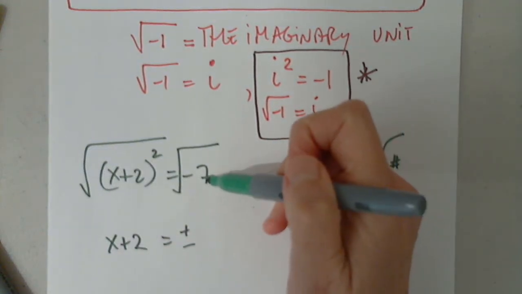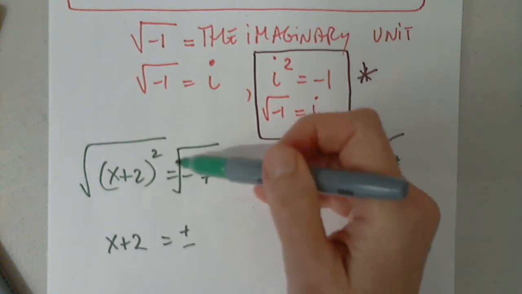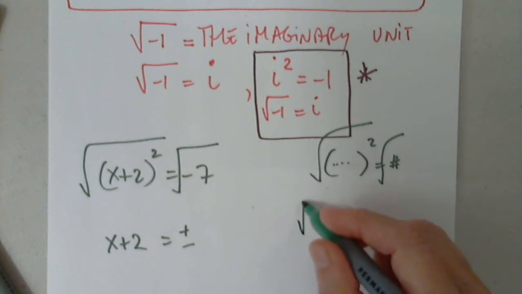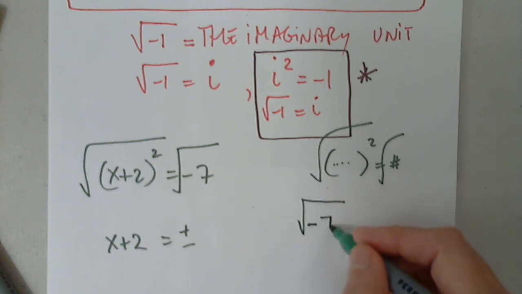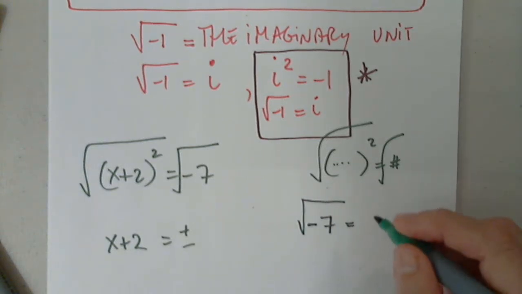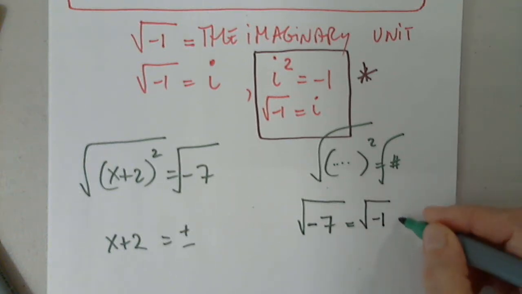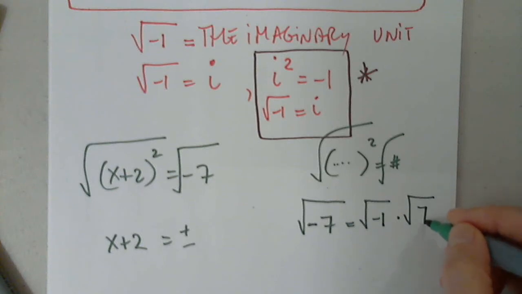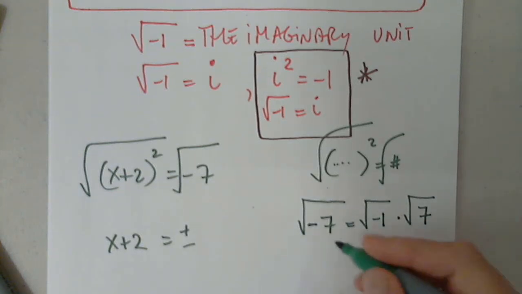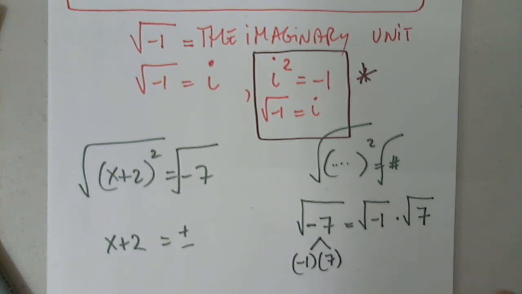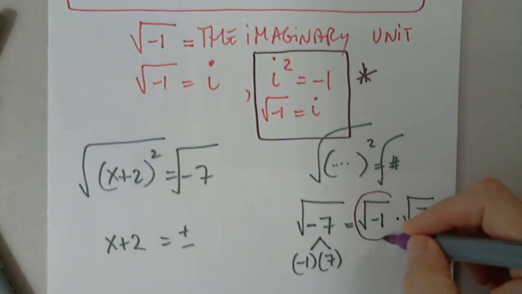Now I'm having some difficulty with this because I know this is not a real number. So let's take it on the side. I know that the square root of -7 can be rewritten as the square root of -1 multiplied by the square root of 7, because this can be rewritten as -1 times 7. But I already refreshed my memory on this.